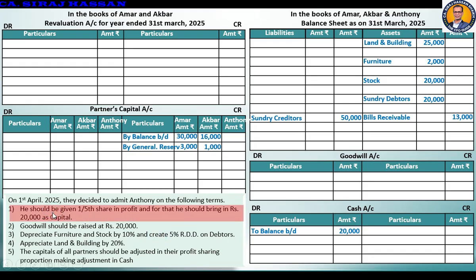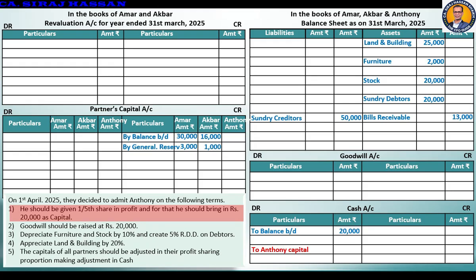Adjustment number 1. Anthony was to bring rupees 20,000 for 1/5 share. In the business, cash came, so the cash account, being a real account, will be debited, and this capital has been given by Anthony, so Anthony's capital account will be credited.